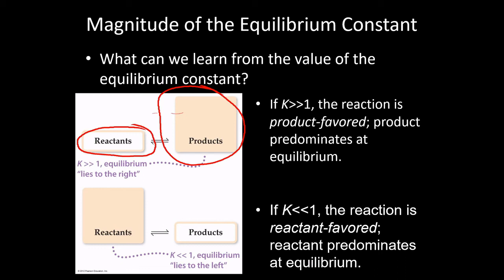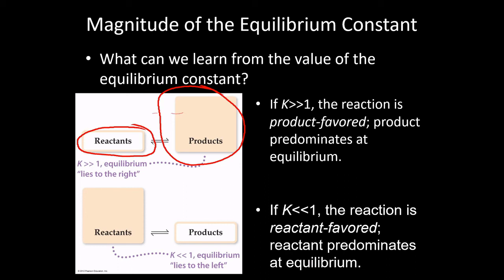If, on the other hand, K is much, much less than 1, now again, it will never go negative, but you know there's an infinite number of values between 1 and 0. So if it's much, much less than 1, the reaction is highly reactant favored.